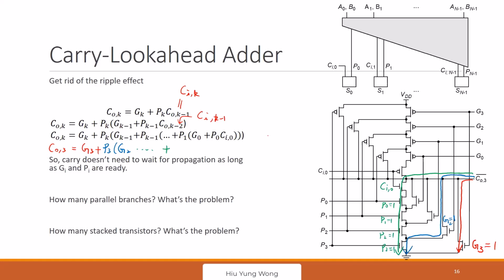It means that you give me a carry in that is 1. First, the zeroth bit propagates, P1 propagates, P2 propagates, P3 propagates. Then my carry out will be 1, right?